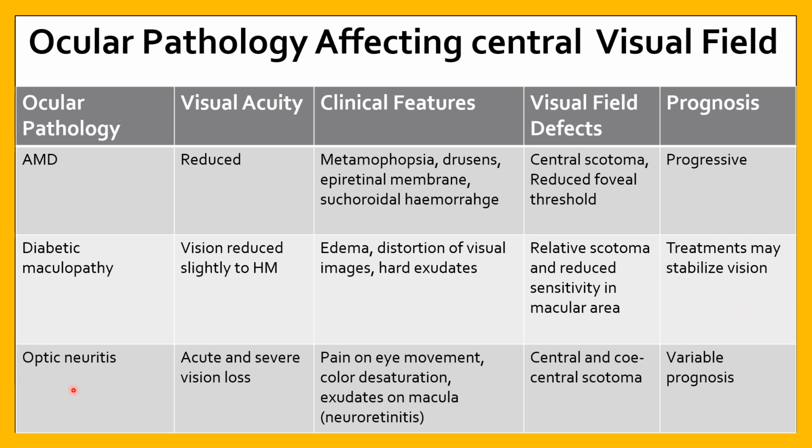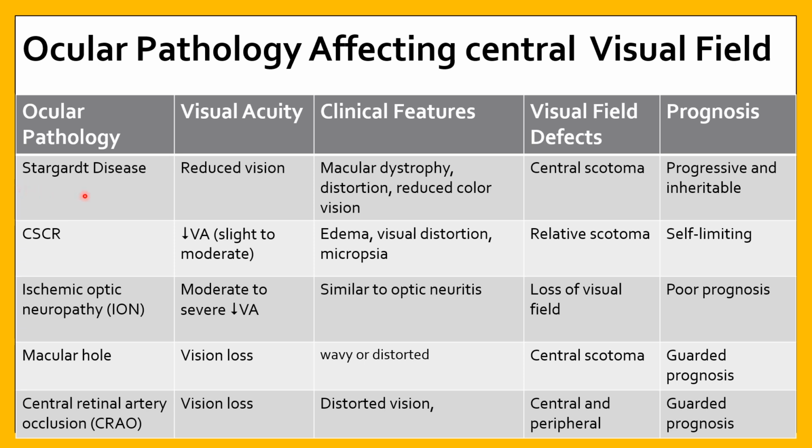In optic neuritis, there may be acute to severe vision loss, with symptoms like pain on eye movement and color desaturation. A central or cecocentral scotoma visual field defect can be seen with a variable prognosis.